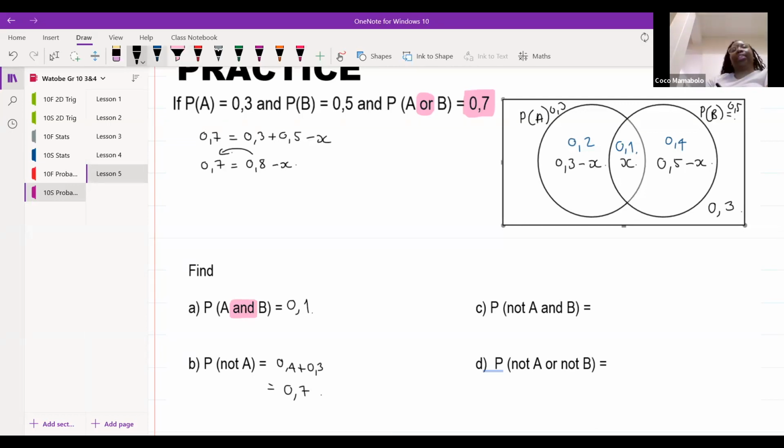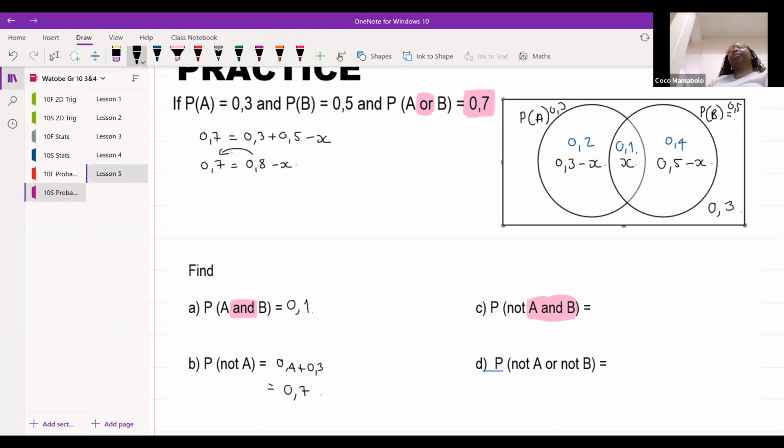All right. So the next one says, what is the probability of not A and B? It's 0.2 plus 0.4 plus 0.3. Correct. So we're just going to take everything that's not part of A and B and put it together. Oh, Funzo, here's what we can do.